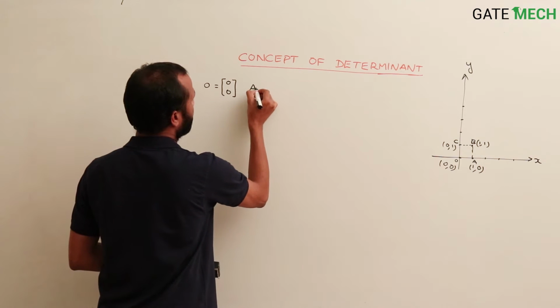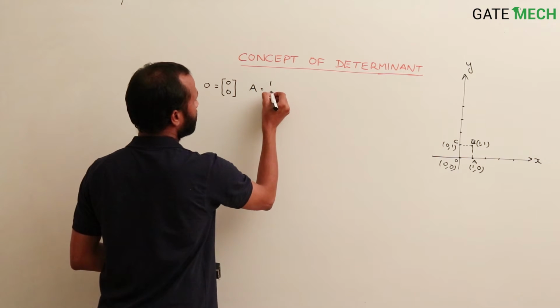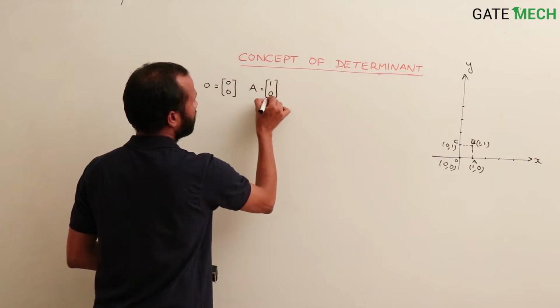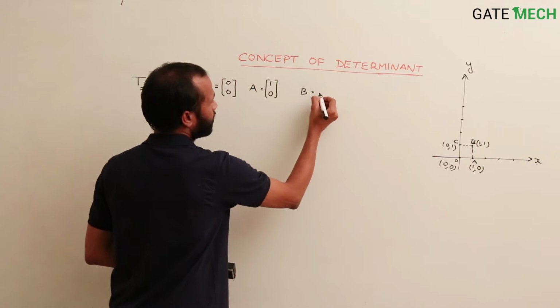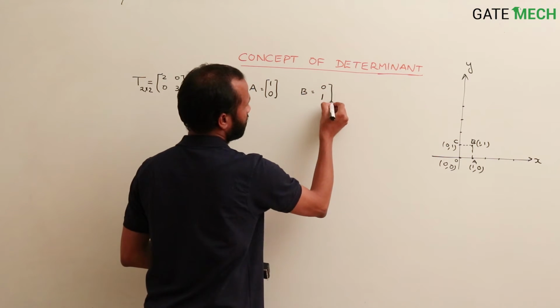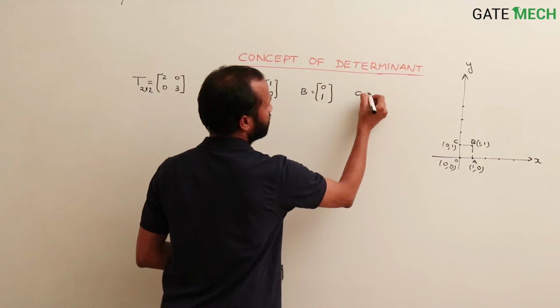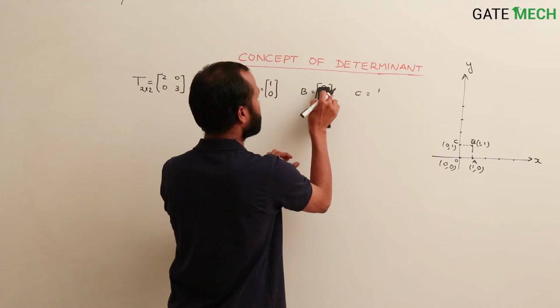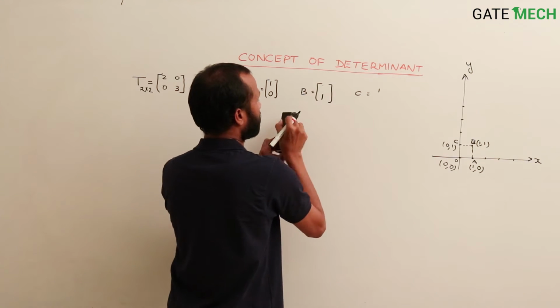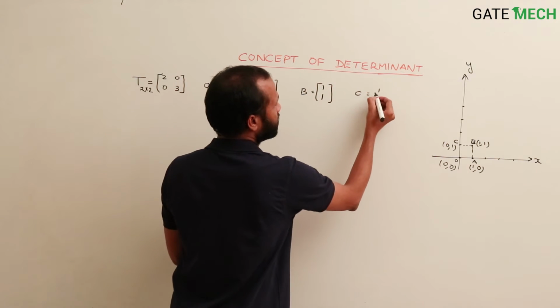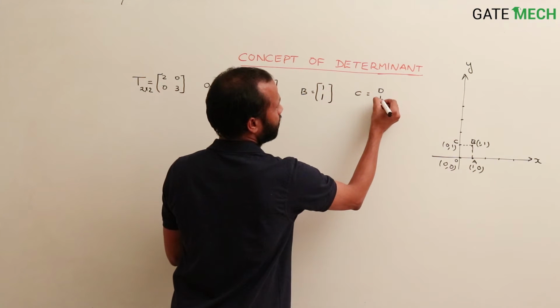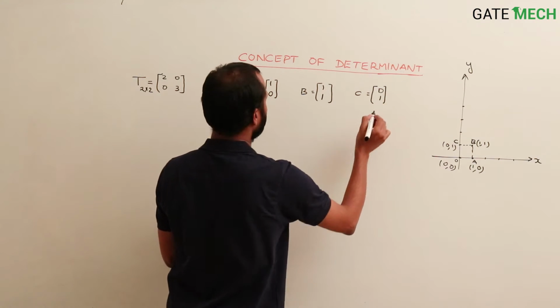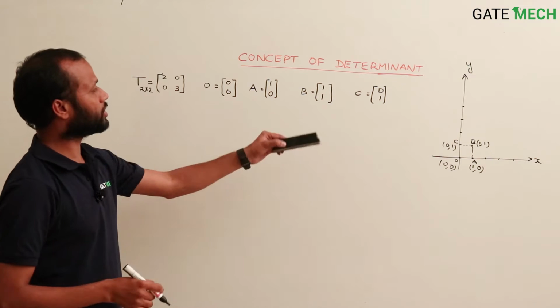The second position vector, A, is 1, 0. B is 1, 1 and C is 0, 1. Correct, right? A is 1, 0, B is 1, 1 and C is 0, 1.